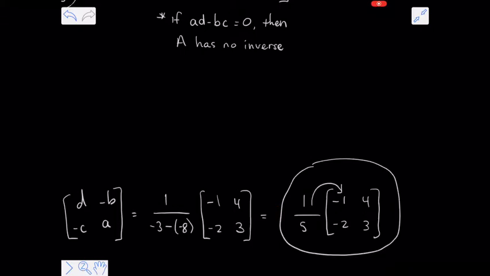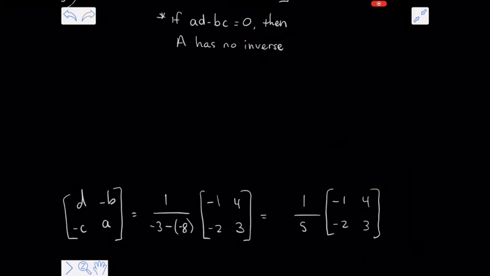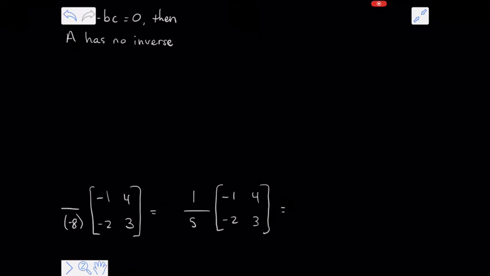And there's a reason for that, which we'll get to a little bit later when we start doing our last learning target, which is matrix equations. If you were to check answers in the back of the book, however, they do multiply that scalar into the matrix. So the back of the book final answer would be -1/5, -2/5, 4/5, and 3/5.